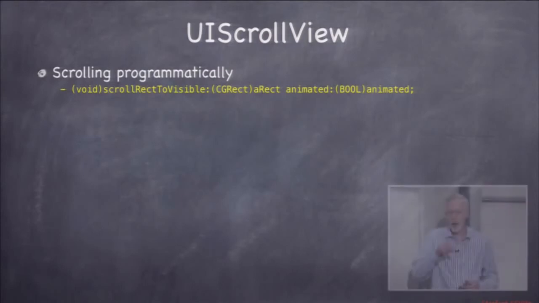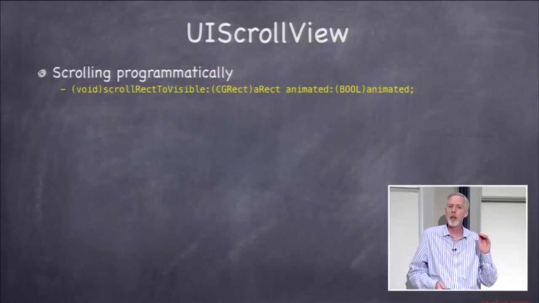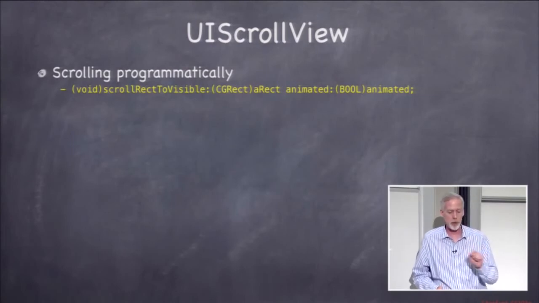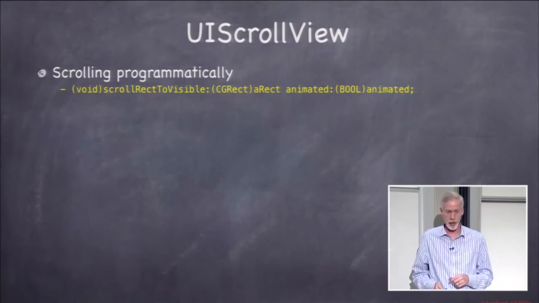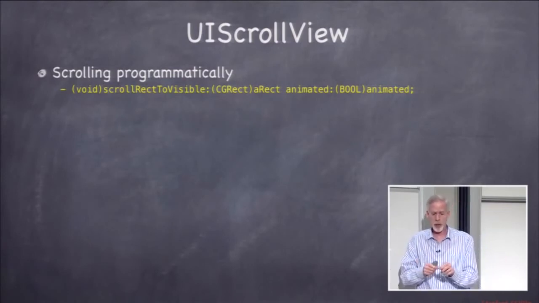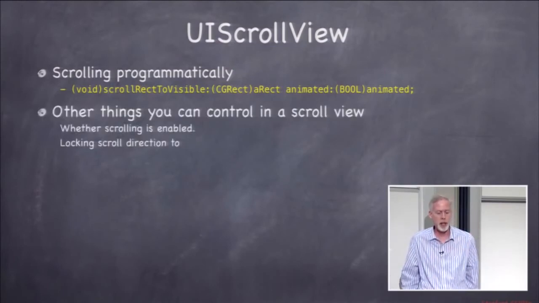Most of the scrolling around is the user with a touch gesture panning, but you can also scroll around using code. For example, scroll rect to visible. You specify a rectangle in the content area, and it will scroll to make that rectangle visible. And you probably want it to be animated, so it slides over instead of just jumps, right?